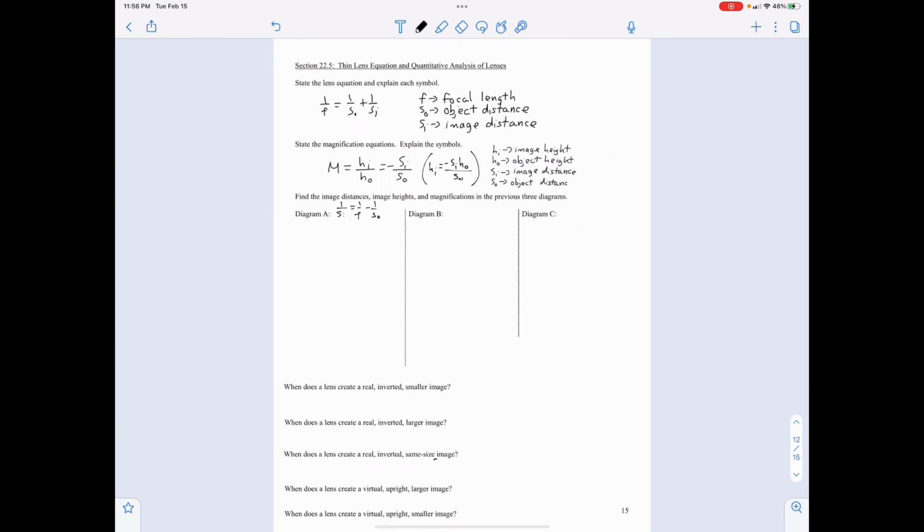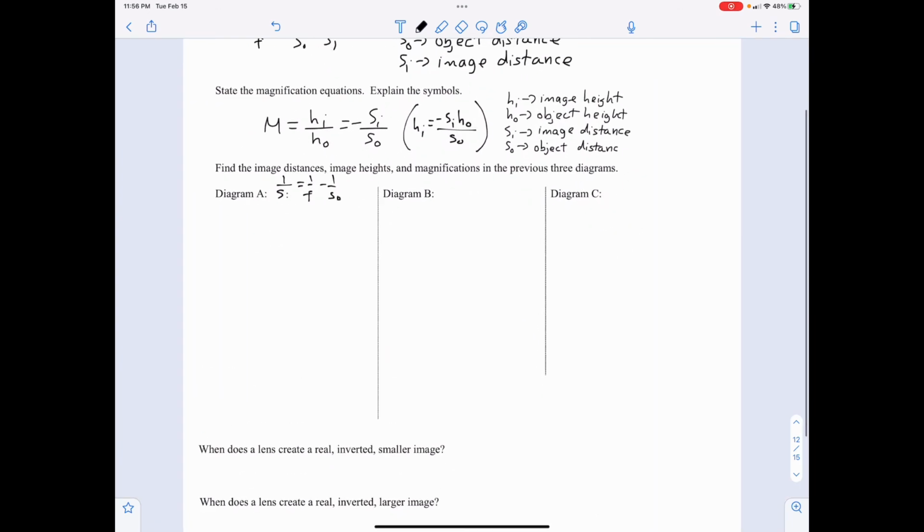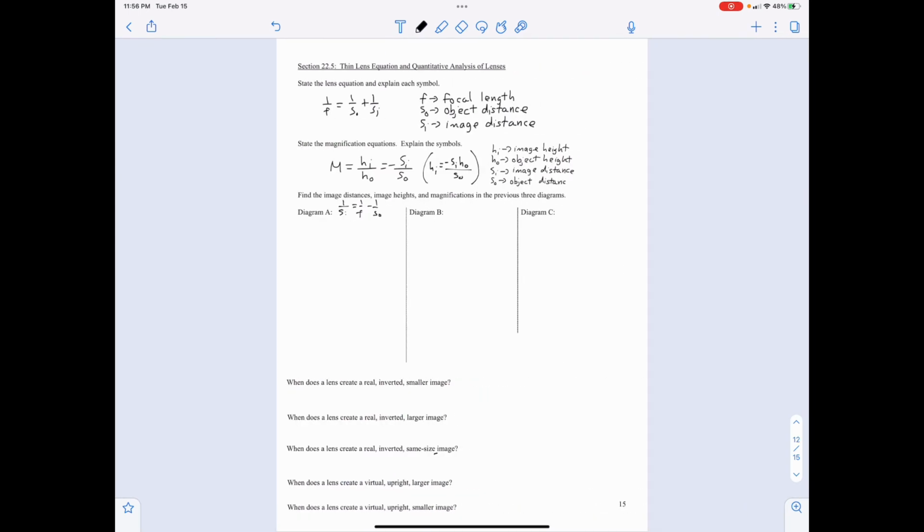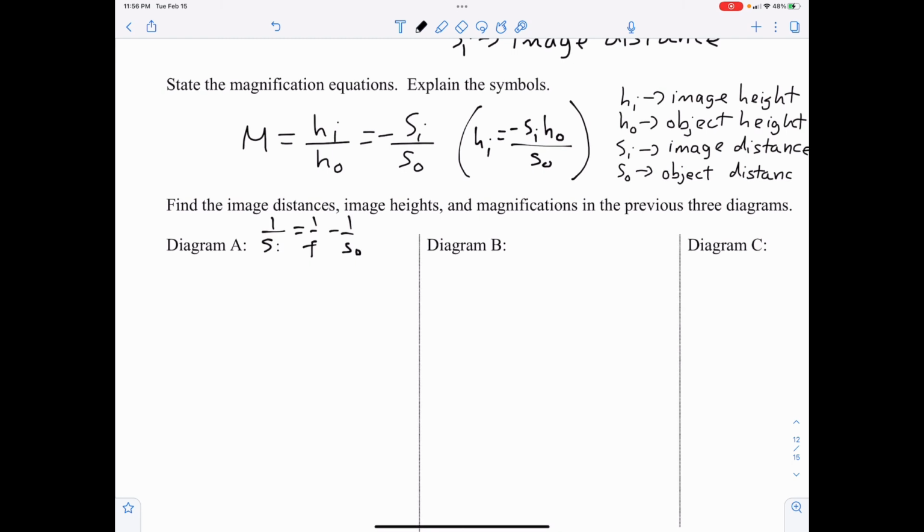Taking that information, we need focal length and object distance. So focal length is 5 units, object distance is 15 units.